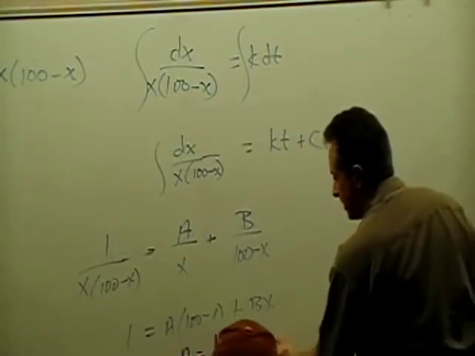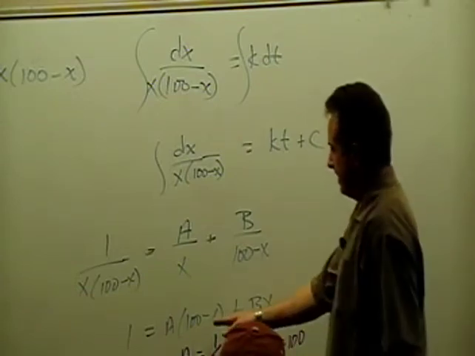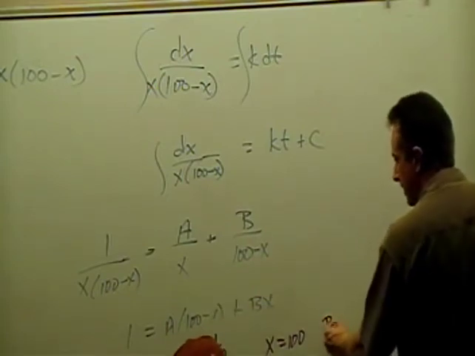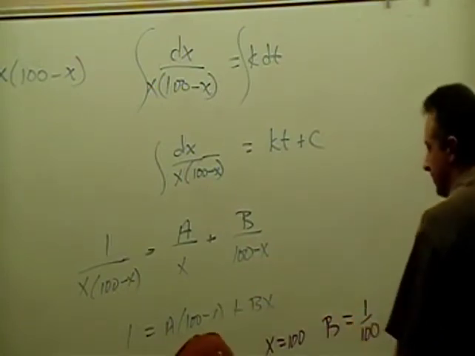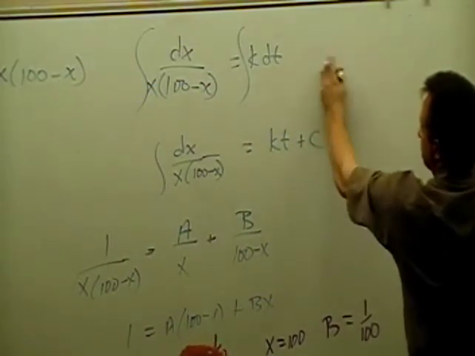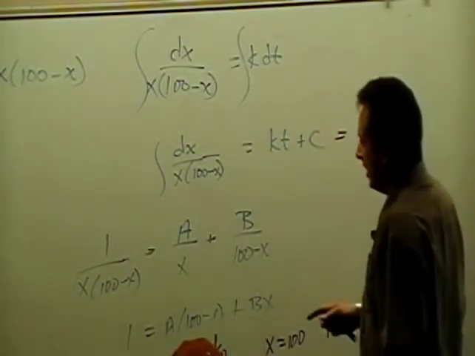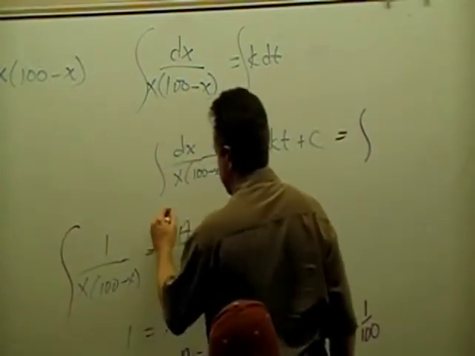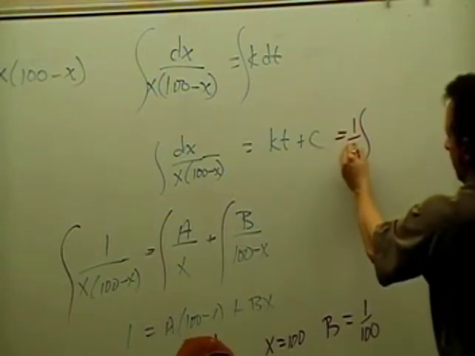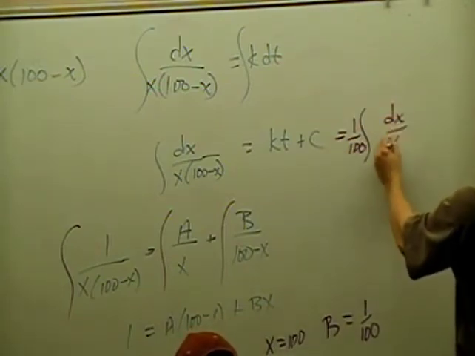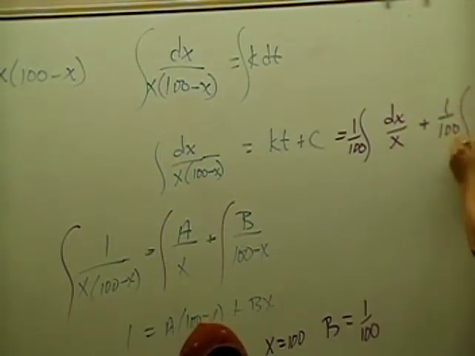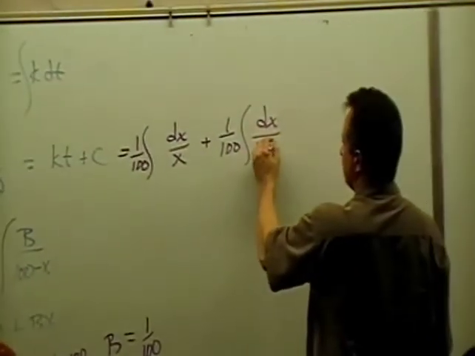And if you let x equal 100, this term cancels out, and you get B times 100 equaling 1, or B equaling 1/100. So the integral of this is equal to the integral of that, which is equal to what? 1/100 integral of dx over x plus 1/100 integral of dx over (100 minus x).